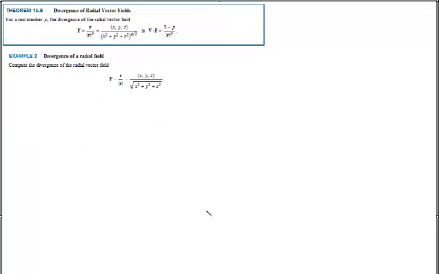For our next example, we are going to use theorem 15.8. Notice they want me to compute the divergence of the radial vector field, and if I just rewrite this as x, y, z over x squared plus y squared plus z squared to the 1/2 power, you can note that in this case p equals 1.